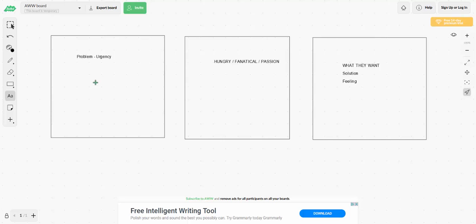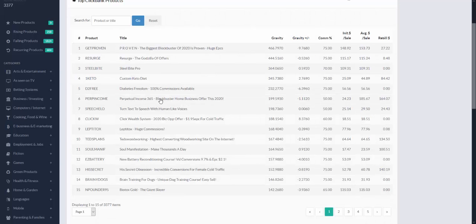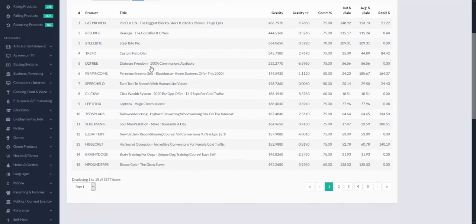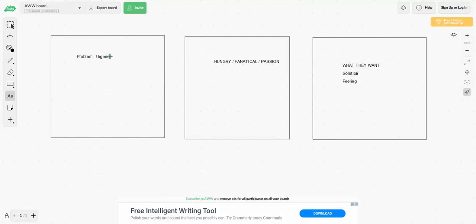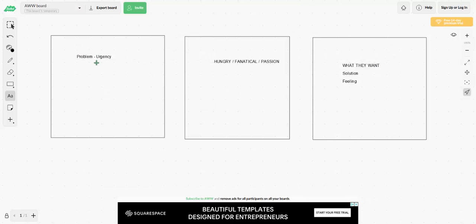So what you want to do when you're picking out a product is obviously look at all the standard stuff, but also look at those three checklists, those three boxes, and check that your product hits all of them. The dating niche is a really, really good one for this reason, because it hits all the boxes. Problem, urgency: you can't find a mate, you can't get a date, you can't get married. It's a huge problem, a lot of urgency there.